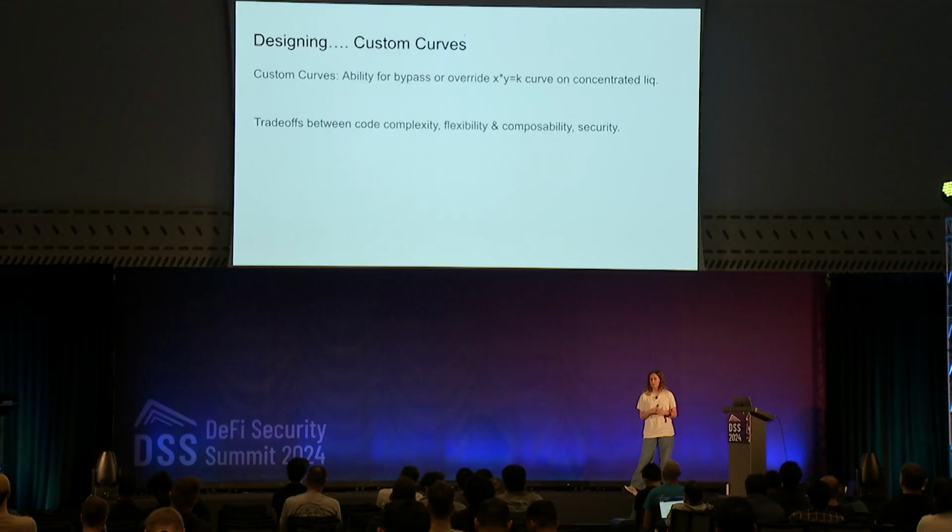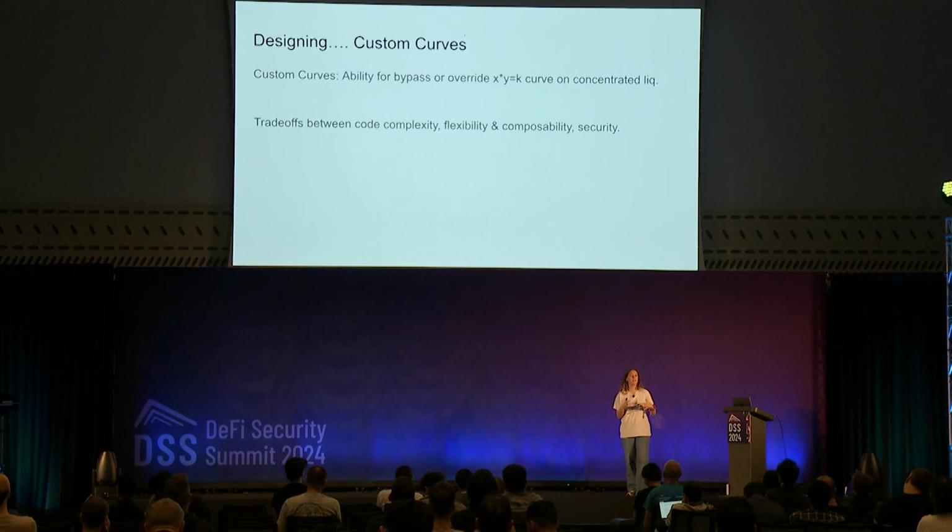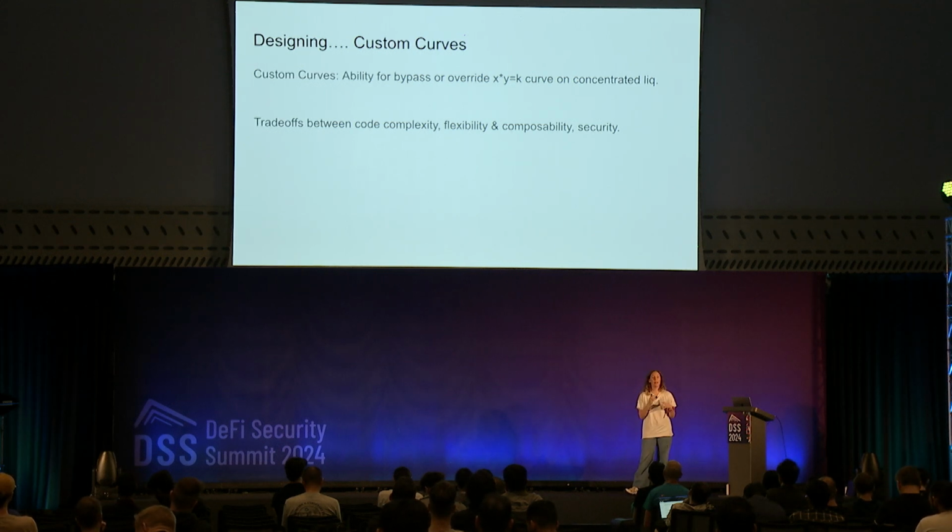This was a really interesting principle that came up as well when we were designing custom curves. For some context, custom curves are essentially the ability to bypass or override the concentrated liquidity model, that's the V3 style, or the X times Y equals K curve. We wanted to allow hooks to write their own curves or define their own exchange rates on pools.